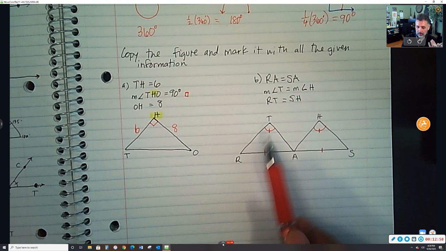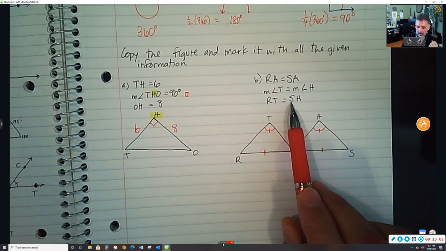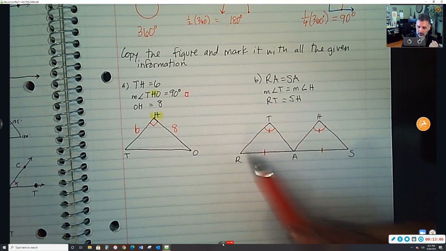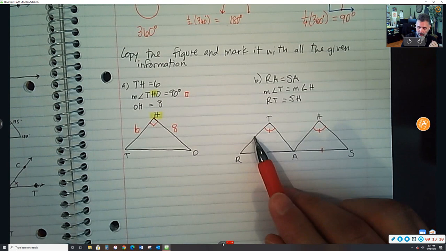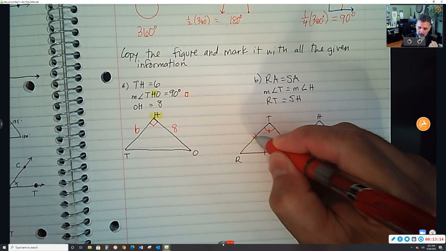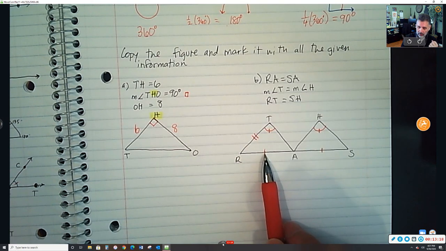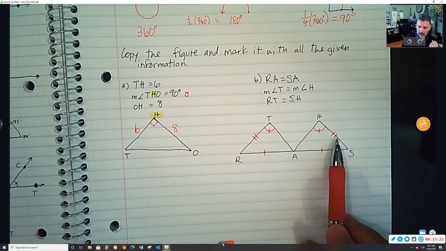And the last piece of information we have to put in here is RT is equal to SH. Well, RT is over here. And then SH is over here. Now I can't put one mark because I know it's not the same as this one. So what I got to do is put 2 marks. So 2 marks is different than this one, right? But it's the same as this one.